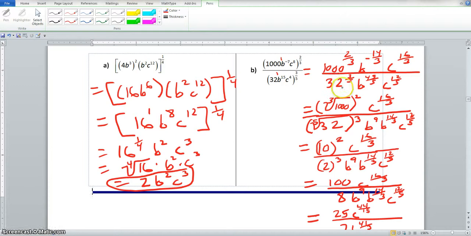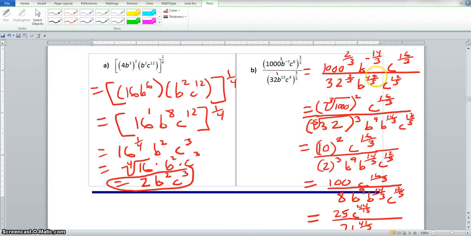Now we come down here. This 1,000 to the 2/3 becomes the cube root of 1,000 to the second power. This b to the negative 14 over 3 goes in your denominator as a positive 14 over 3. And the c to the 16 over 3 stays in your numerator. Now, in your denominator, this 32 to the 3/5 power becomes the 5th root of 32 to the 3rd power.